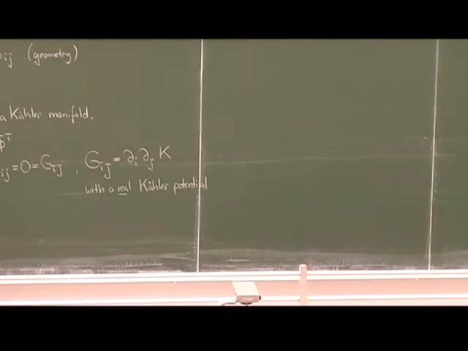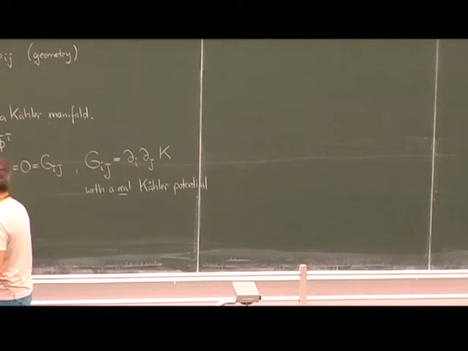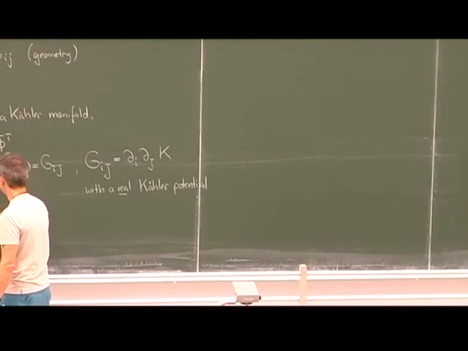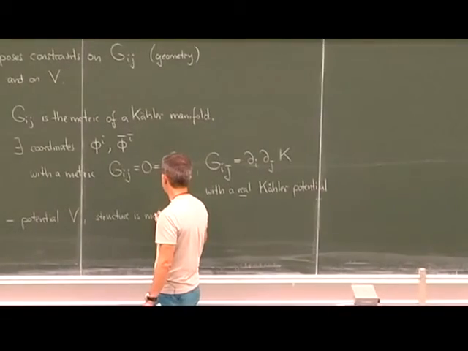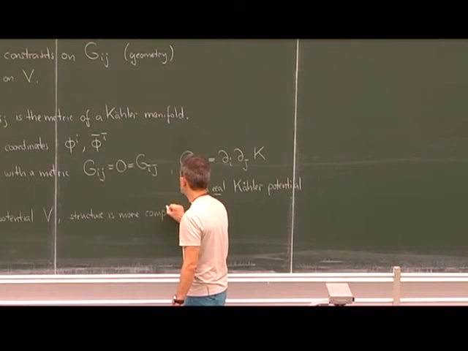The structure of the potential I will not discuss in detail. That's a bit more complicated. Again, you find that in great detail in the book. Well, let's just say the structure is more complicated. We will see examples later, some sub-cases.